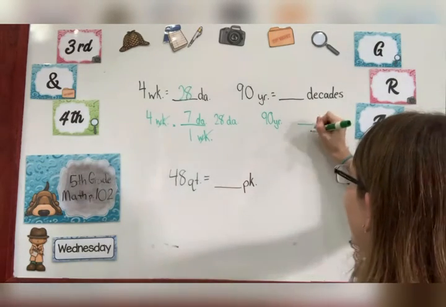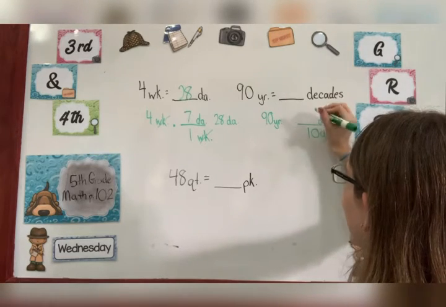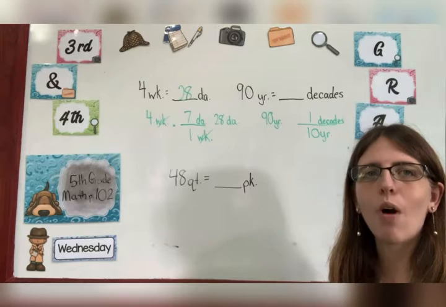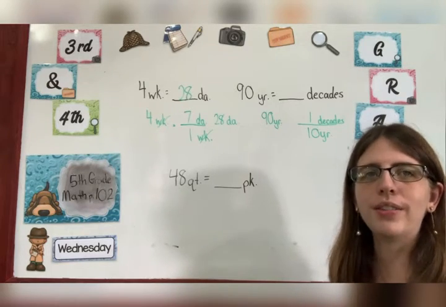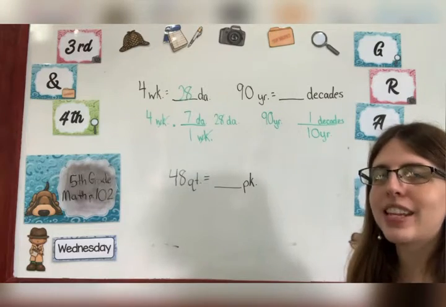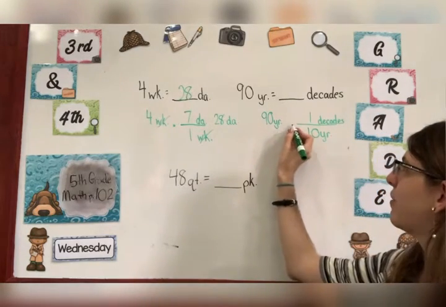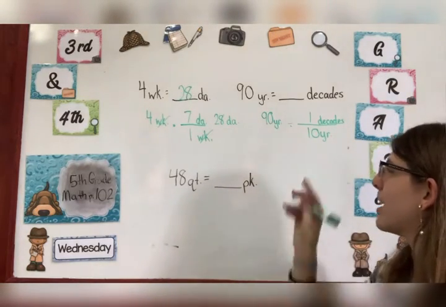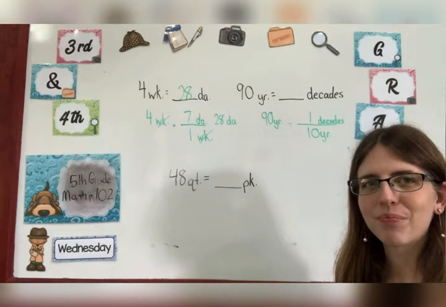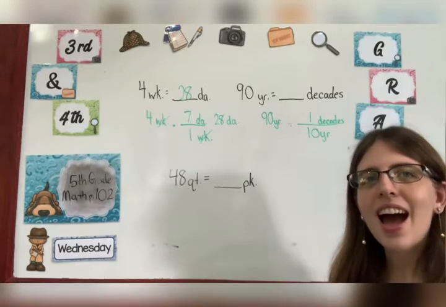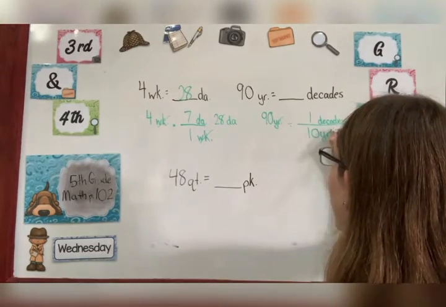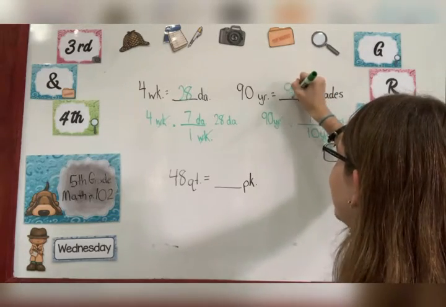There are 10 years in 1 decade. So when my number is on the bottom, instead of multiplying, I'll just divide. 90 divided by 10. What is 90 divided by 10? 9, very good. So I have my years cancel out, and I have 9 decades.